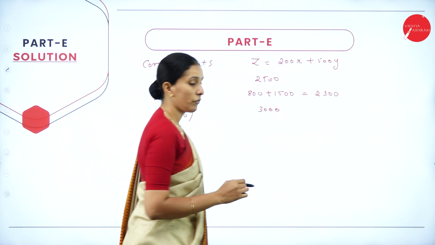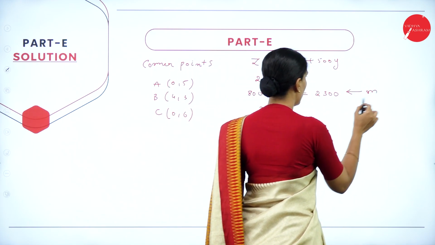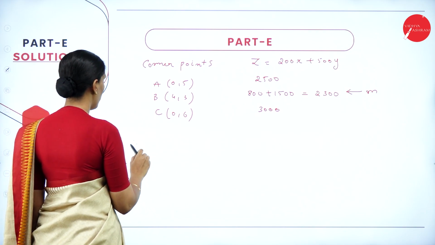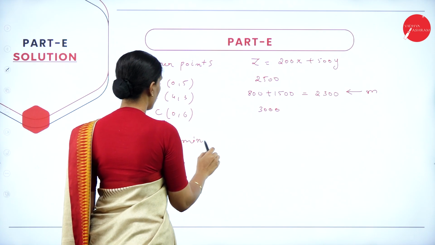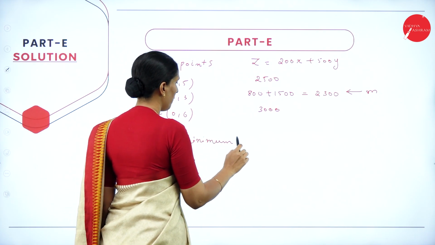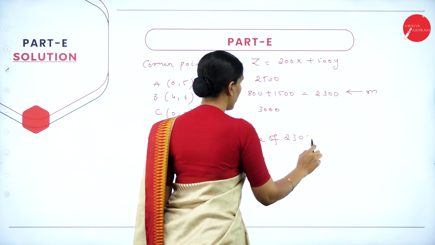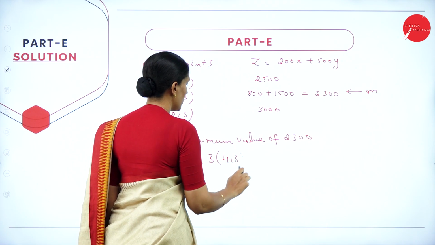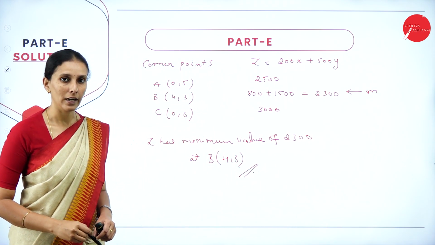Clearly we need to find the minimum value of the objective function. So here 2300 is the minimum value. Therefore Z has a minimum value of 2300 at the corner point (4, 3). So this is how we find the solution of the given equations with the graphical method.